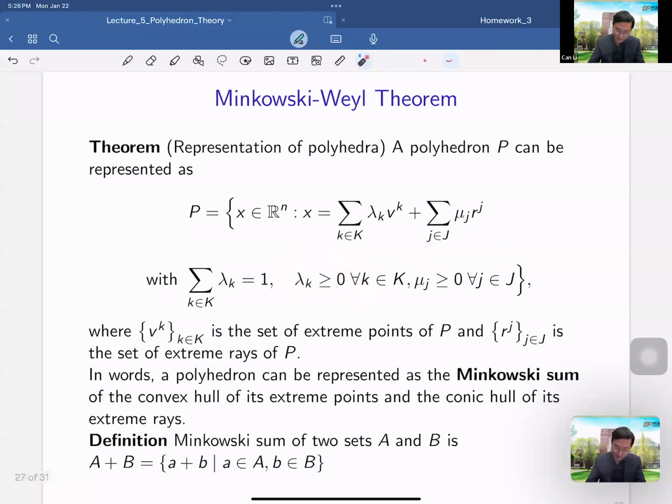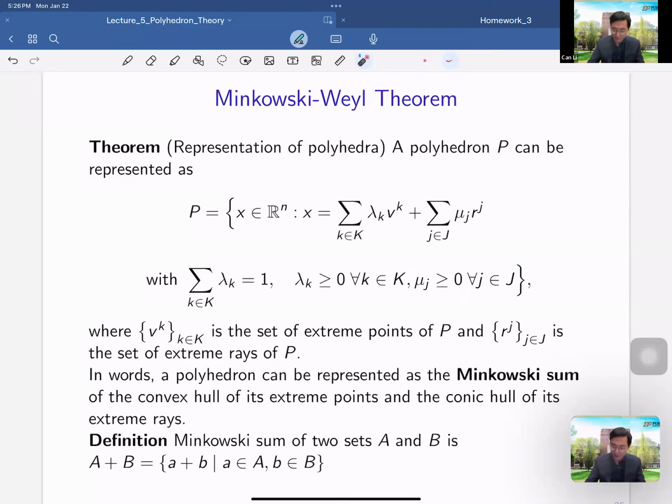Okay, so the first part is a convex combination of extreme points. And the second part here is a so-called conic combination of extreme rays. So here, the mu j's are greater than or equal to 0, right? So that is called a conic combination.